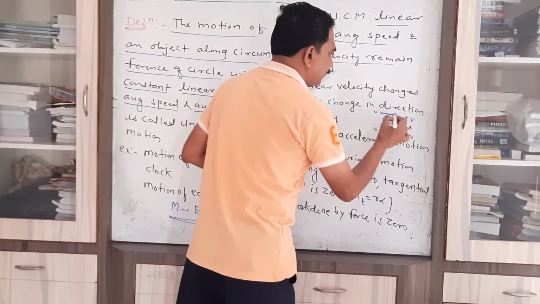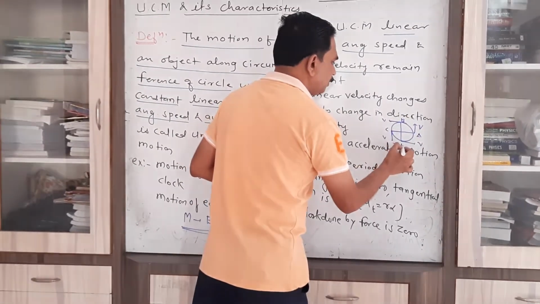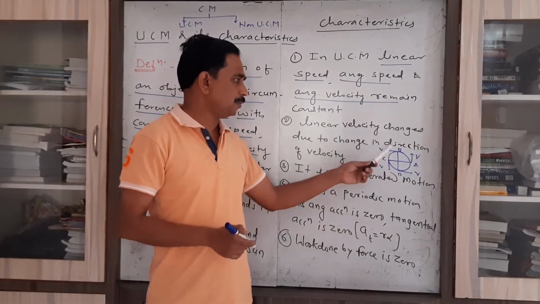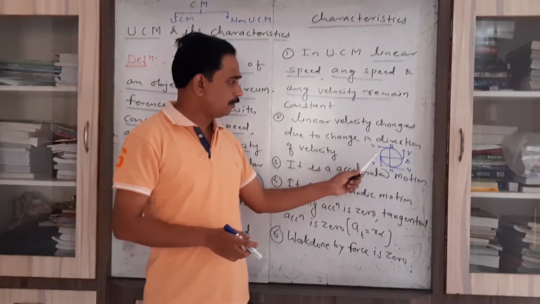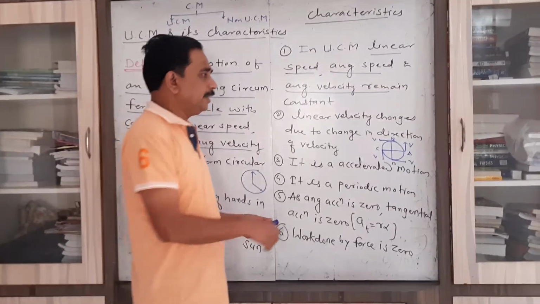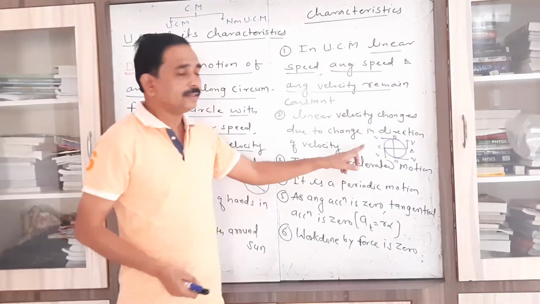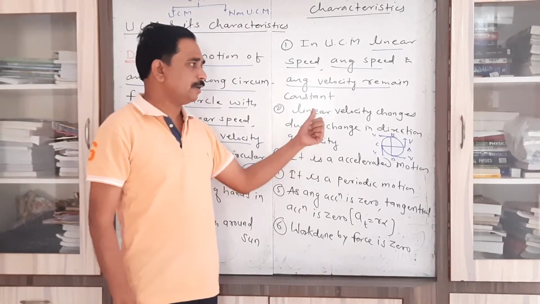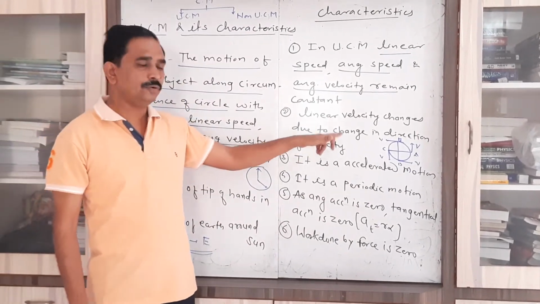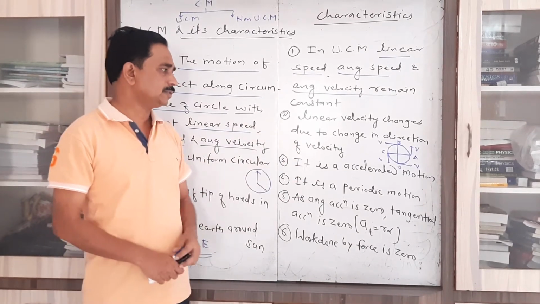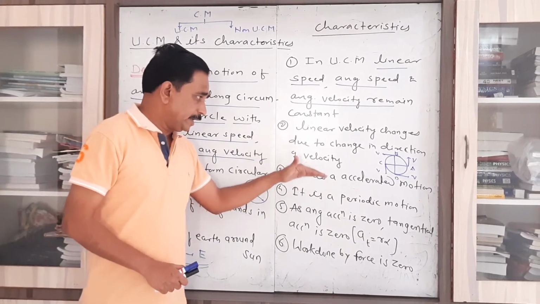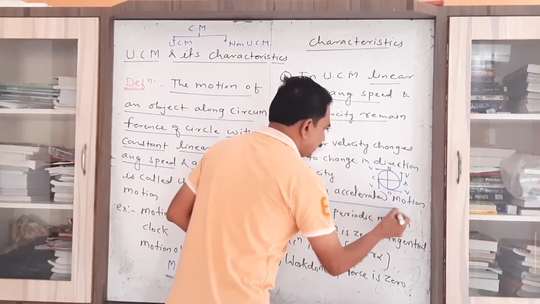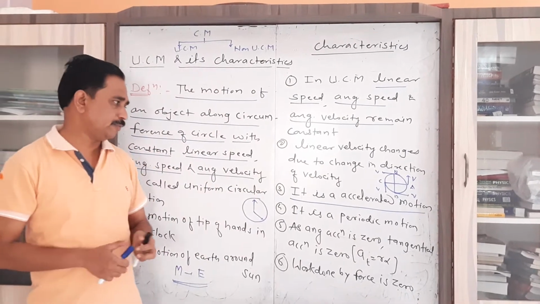I draw here a figure when the particle moves from position A to position B, from position B to position C and from position C to position D. Then you clearly observe here the direction of velocity continuously changes. Therefore, I write here linear velocity changes due to change in direction of velocity. In uniform circular motion, as the velocity changes, that's why it is called an accelerated motion.